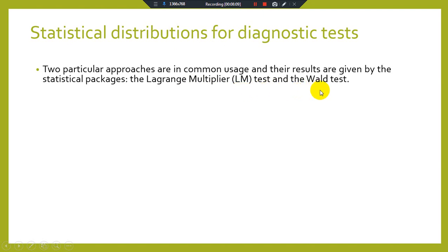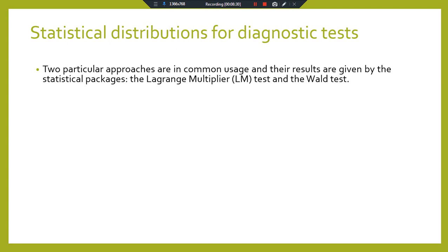In chapter 3 you have gone through the eViews examples of the Wald test, so you are familiar with the Wald test. Okay, what is the procedure for the LM test, and what is the procedure for the Wald test?